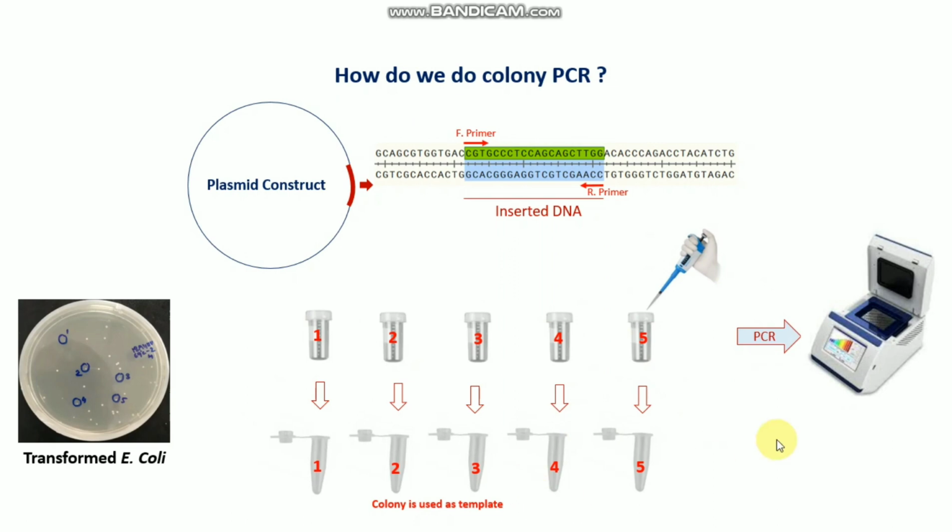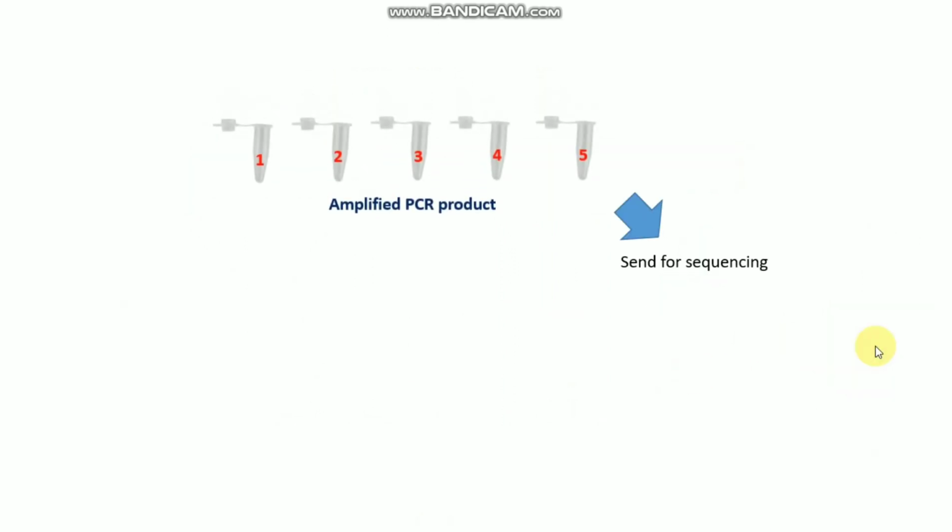During the PCR process, at the 95 degrees centigrade temperature, the DNA will be extracted from the bacteria. Once you get the amplified PCR product, you can use it for sequencing. But before that, you need to confirm that the amplified PCR product is the right size or not.